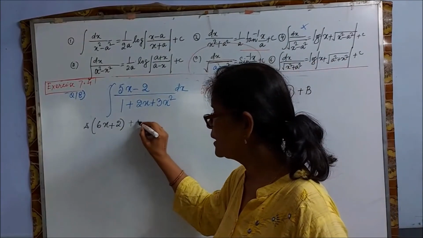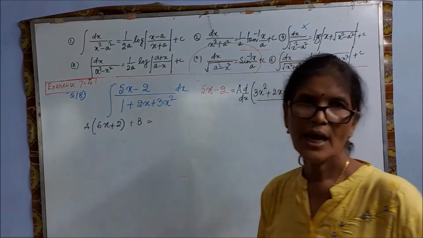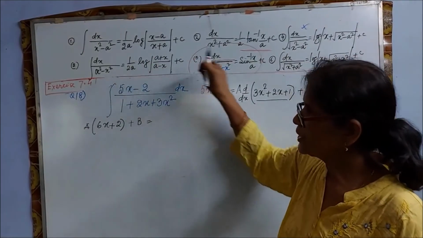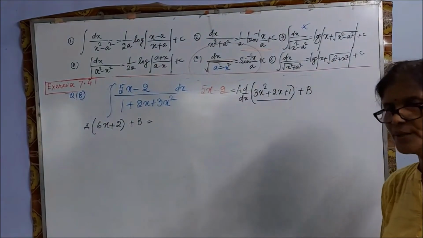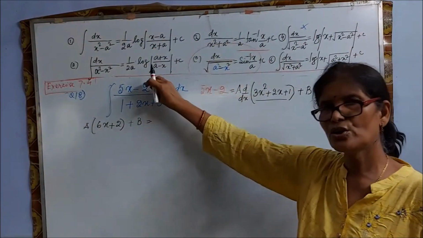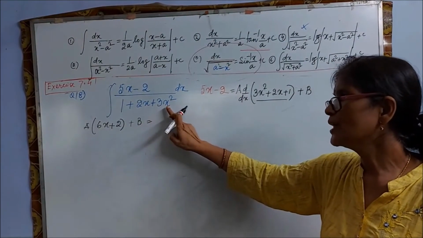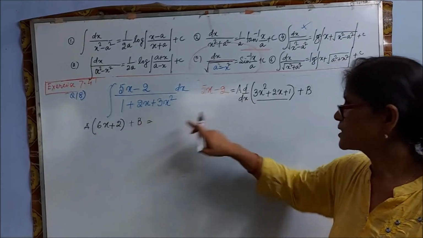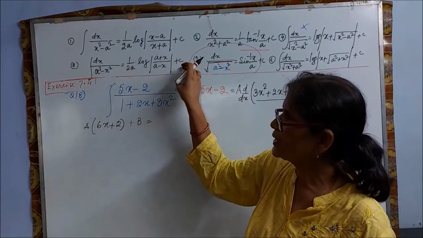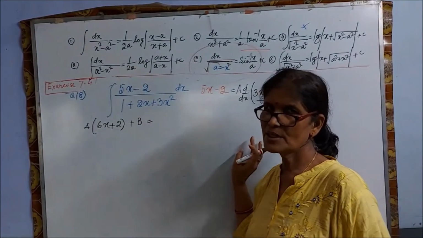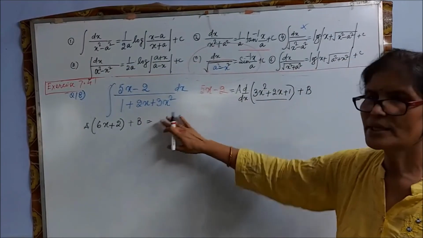What are a and b? a and b are constants. I will be breaking into 2. That's why I am taking the help of these two constants. Otherwise I have to think a lot. What do I have to think? I have to think that its derivative is 6x plus 2. So I will convert this to 6x plus 2, and what else is there. So instead of this, we will go directly, we will break in this way.